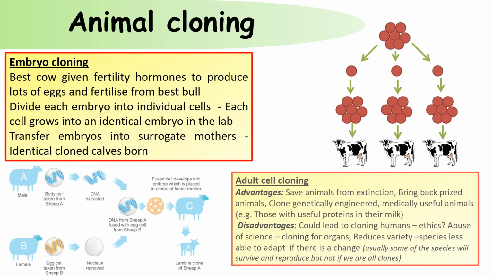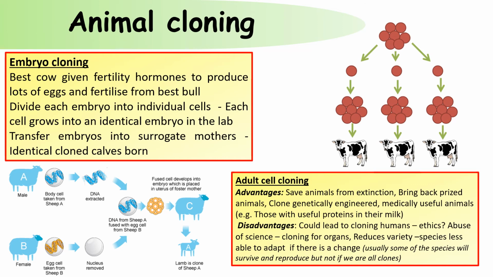The second type of cloning is the same as what was used to clone Dolly the sheep. So, if we want to clone sheep A, you extract a skin cell from it. From that, you extract the nucleus. From a female, you extract an egg cell, and you remove the nucleus from it.